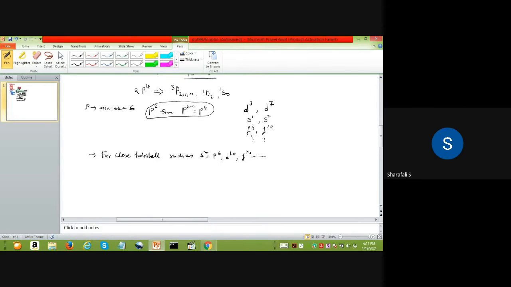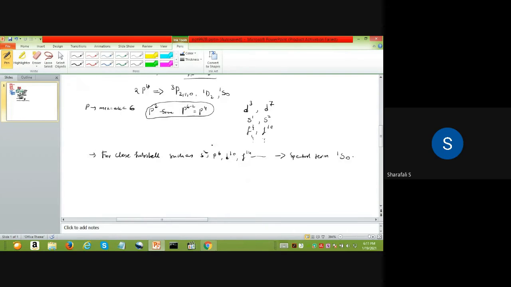They are completely filled. In such cases, their spectral term always ends up as 1S. This is the only spectral term associated with these closed subshells.